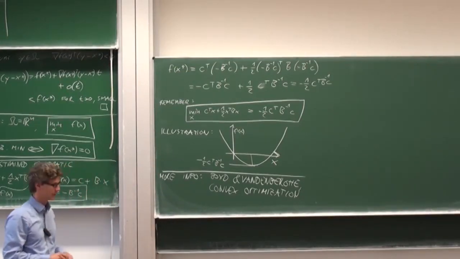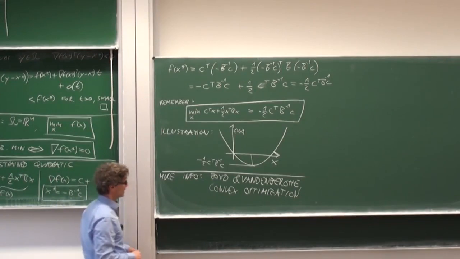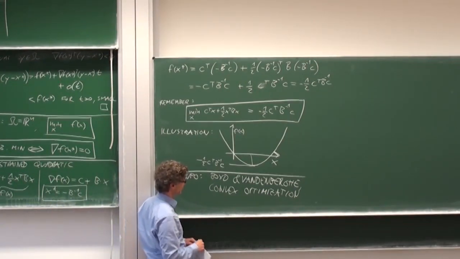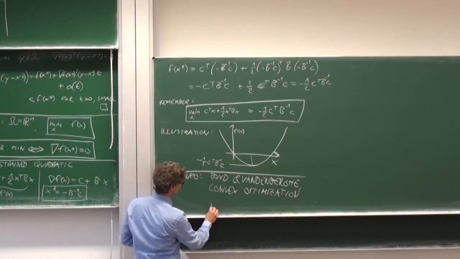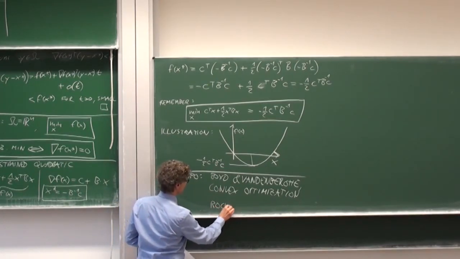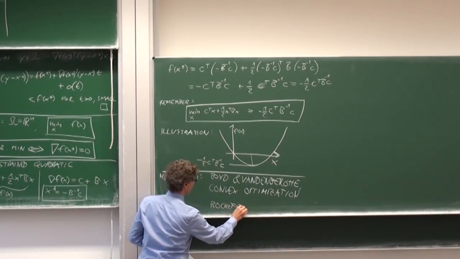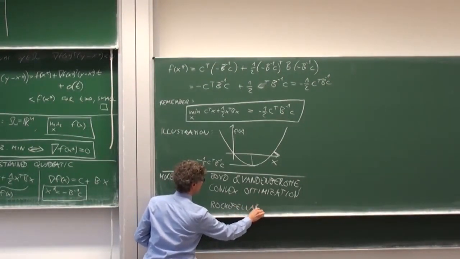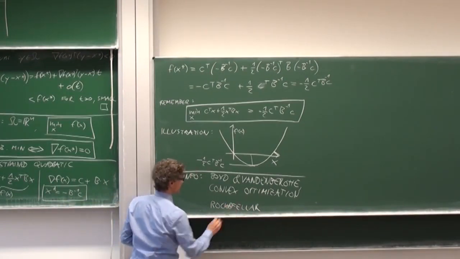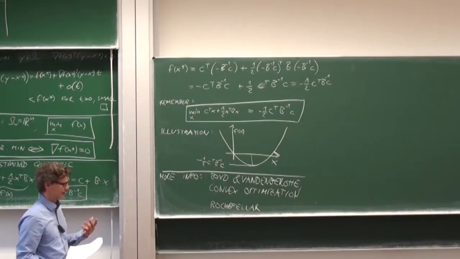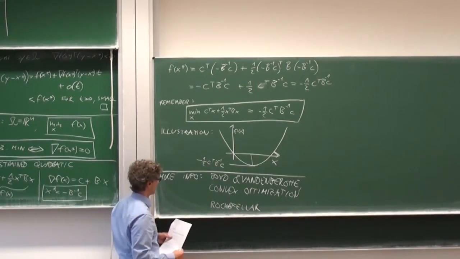There exist much more mathematical textbooks on convex optimization. One which is also very often cited and which was one of the early books on convex analysis is Rockafellar. Also, I think, Convex Optimization.